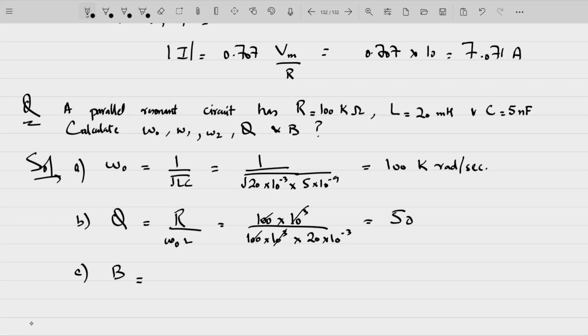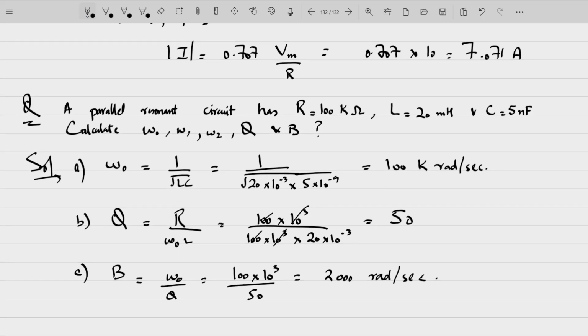The bandwidth is related to quality factor. Now this formula is the same for both series as well as parallel circuits. Bandwidth is equal to omega naught divided by Q. Omega naught here being 100 K, quality factor being 50, so this is 2000 radians per second.